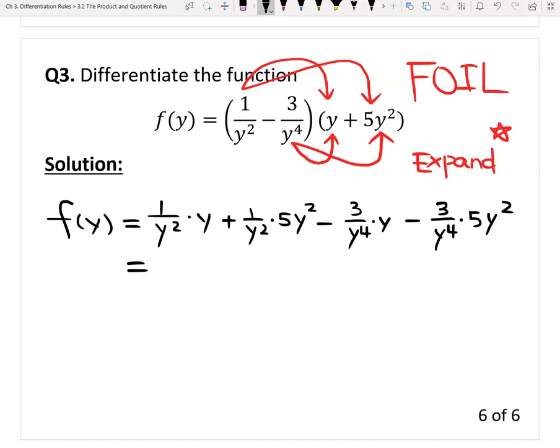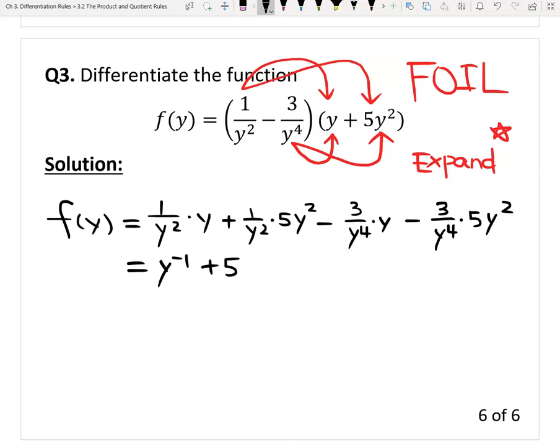We can simplify. We can just use the quotient rule of exponents. So we cancel y. For the first, we get 1 over y, but 1 over y we will write in this form. You know what? This is a power, right? We write the results in power form. The same for the second: we cancel y squared, we have 5, directly plus 5.